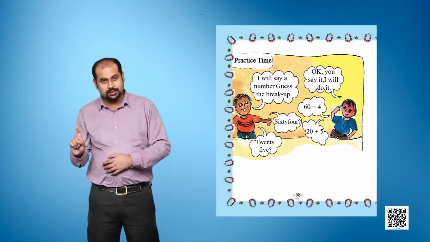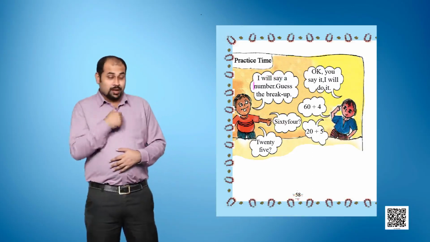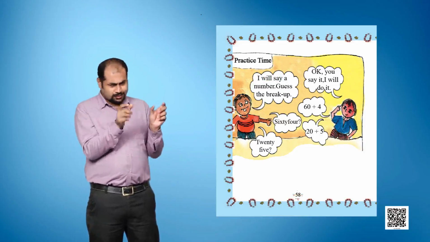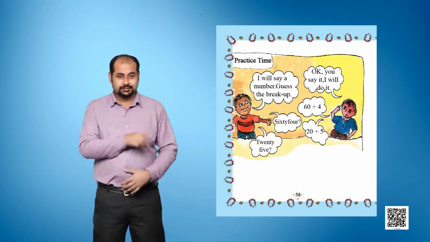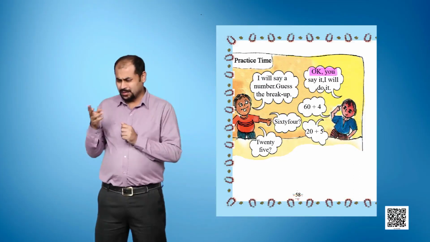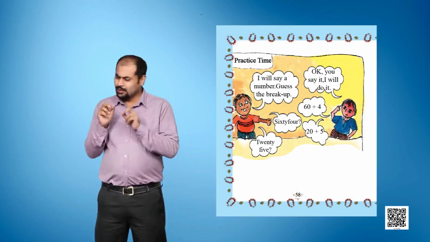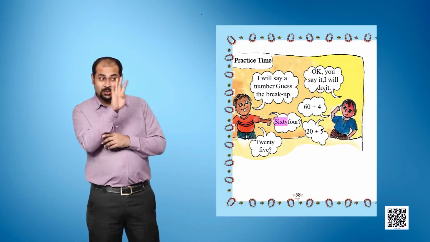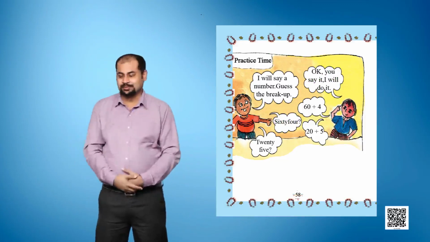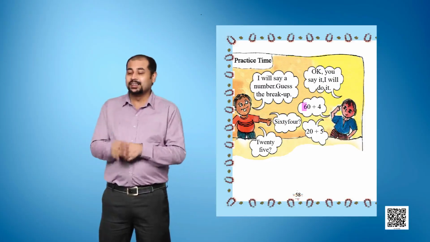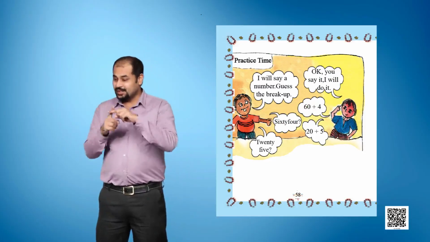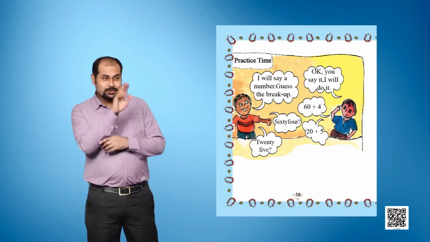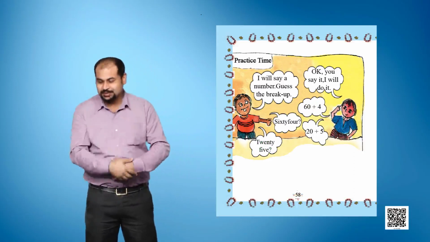Boy 1: I will say a number. Guess the breakup. Boy 2: Okay, you say it, I will do it. Boy 1: 64. Boy 2: 60 plus 4. Boy 1: 25.